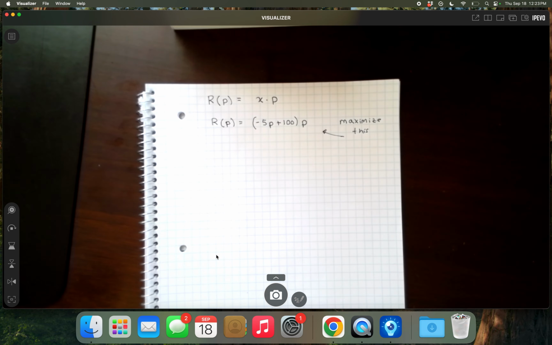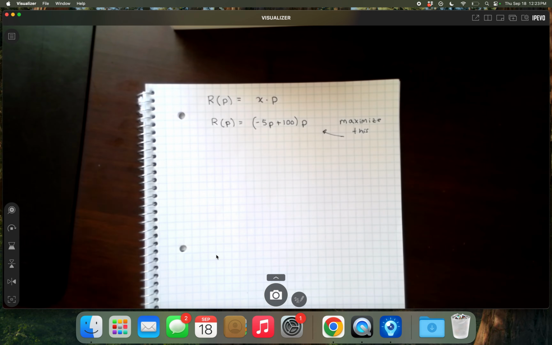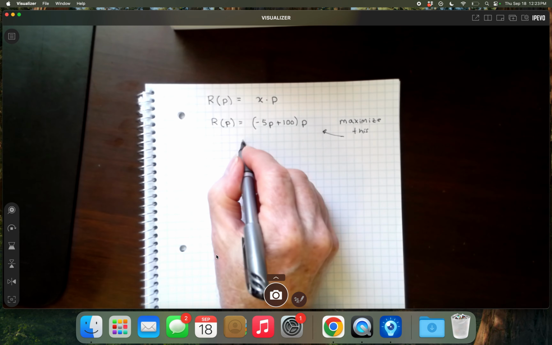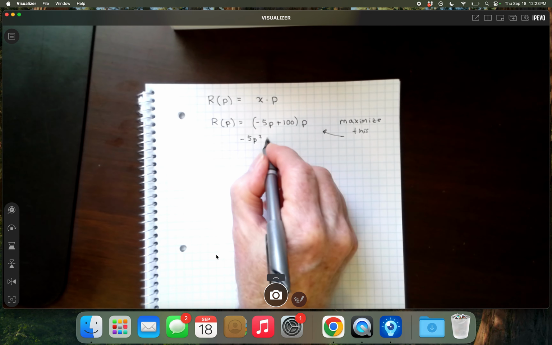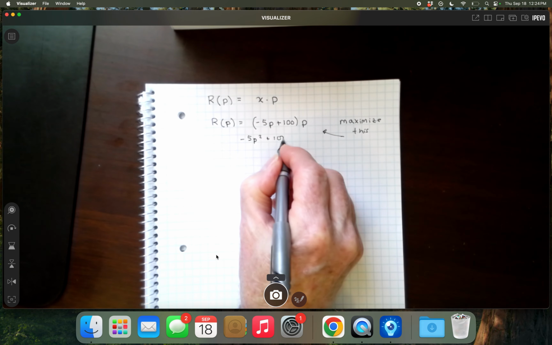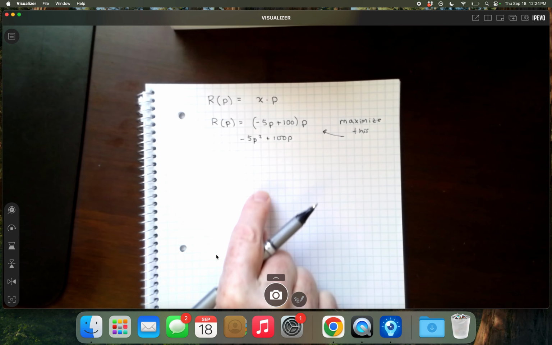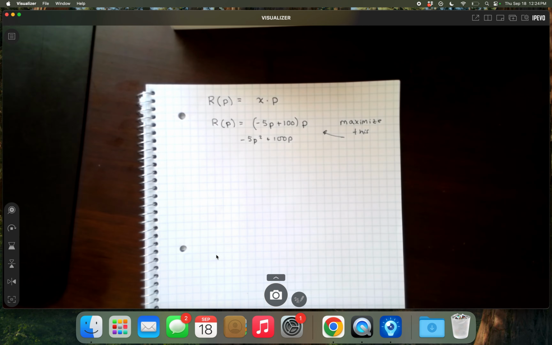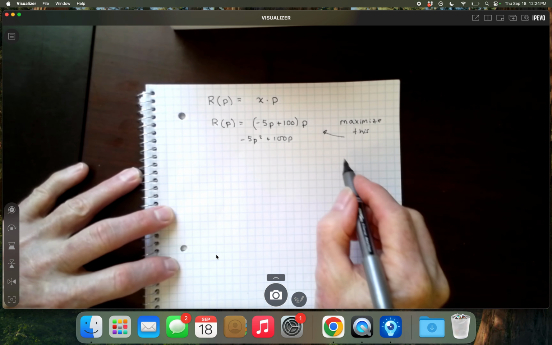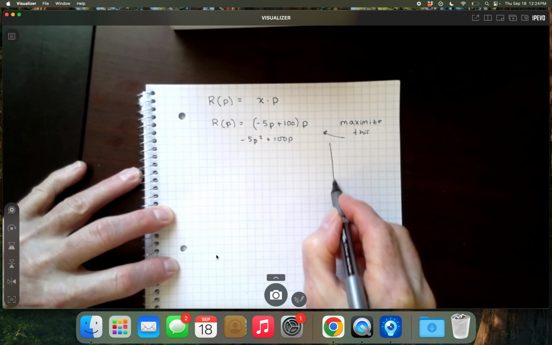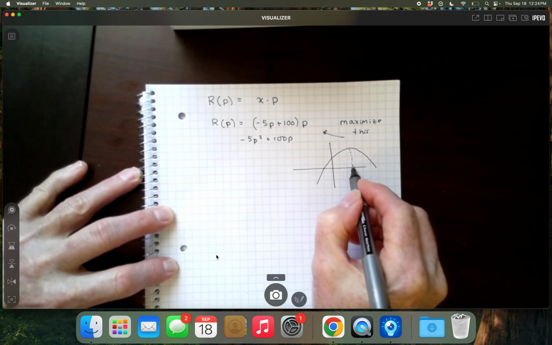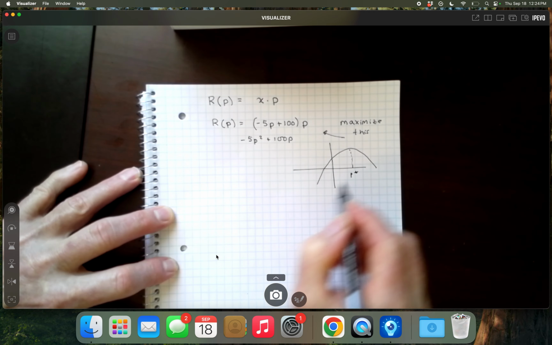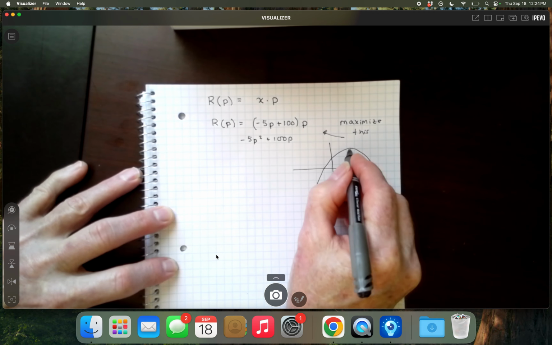Well, it turns out that since it's going to be a quadratic function, let's see what it's equal to. It's minus 5p squared plus 100p. That's quadratic, and we know the maximum occurs at the vertex. See, this is concave down. So when you plot it, it's going to look something like this, and there is some optimum price. And how do we find that?